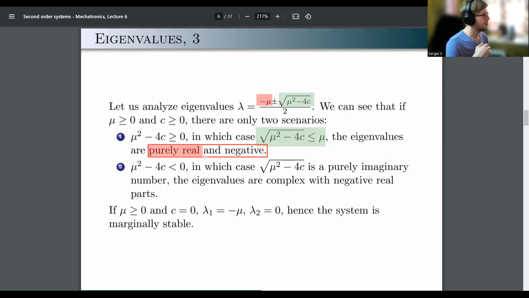This is not coming from the previous analysis, like this trick with the analogy to a physical system. This comes from understanding the expression for eigenvalues. In this case, it means no imaginary part. And the condition, again, is that this value is positive.